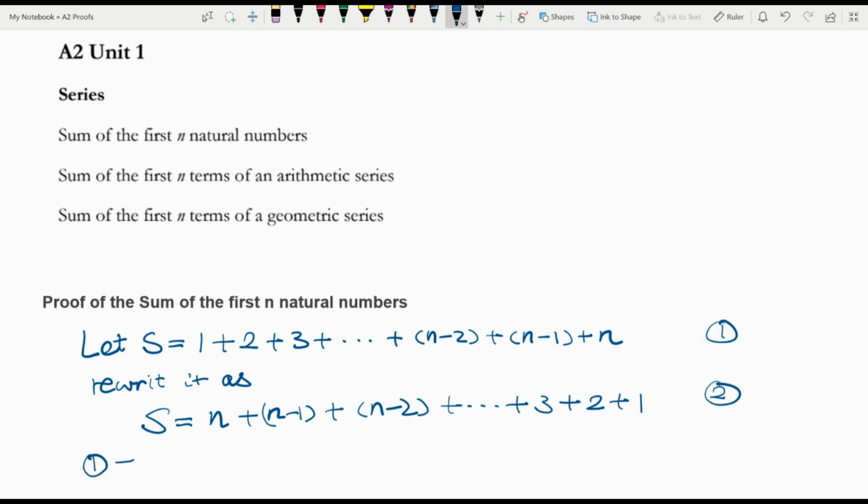And we add equations 1 and 2 to give the left hand side to be 2S.